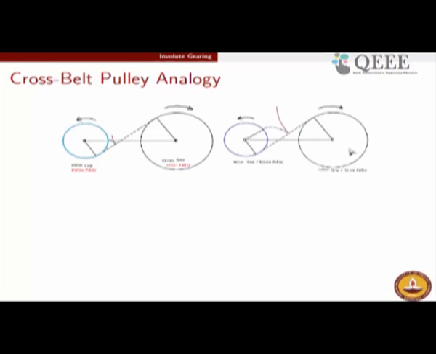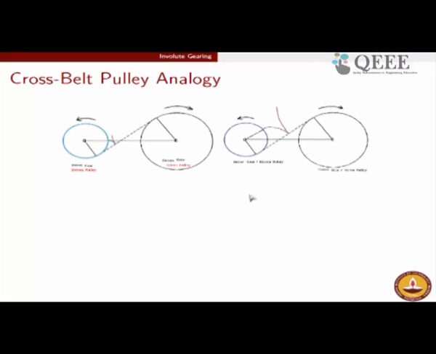The involute corresponding to this larger gear, larger pulley I should say, because this is a cross belt pulley analogy. So, on the driver pulley the involute is getting generated inward, whereas on the driven pulley it is getting generated outward, because this larger pulley is the driver pulley which is sort of forcing the unwinding from the smaller pulley, right.